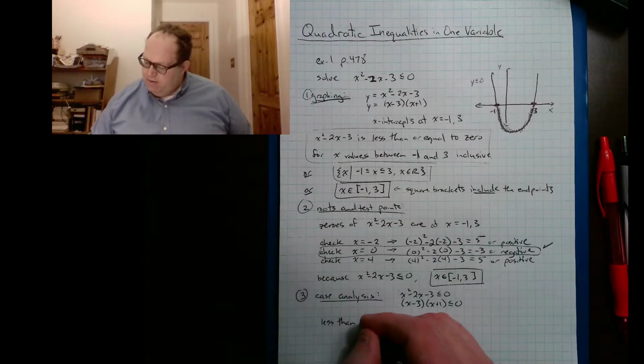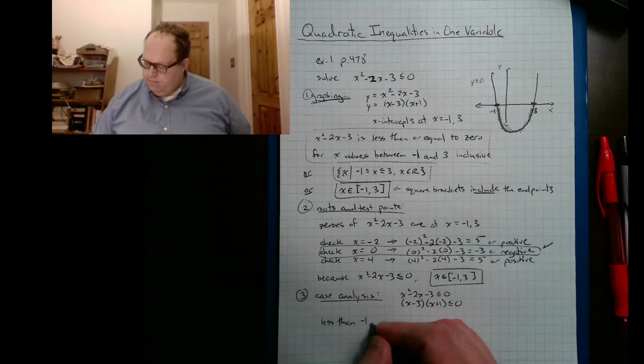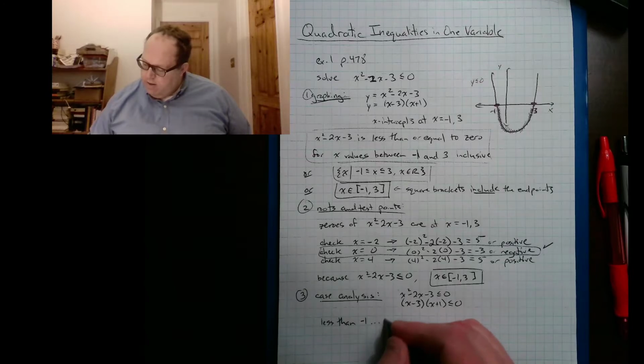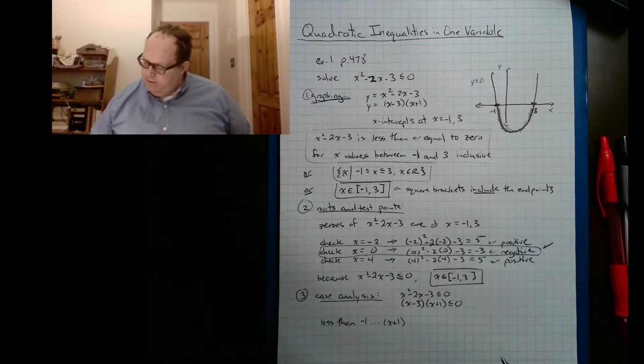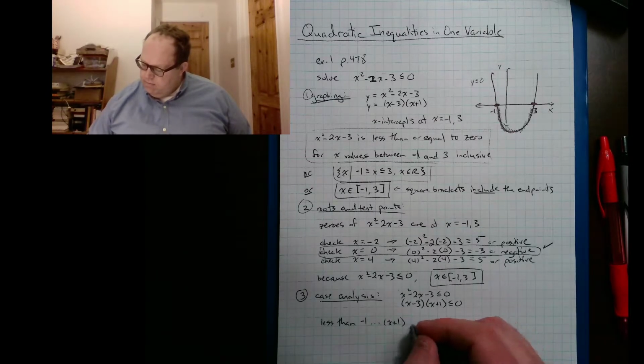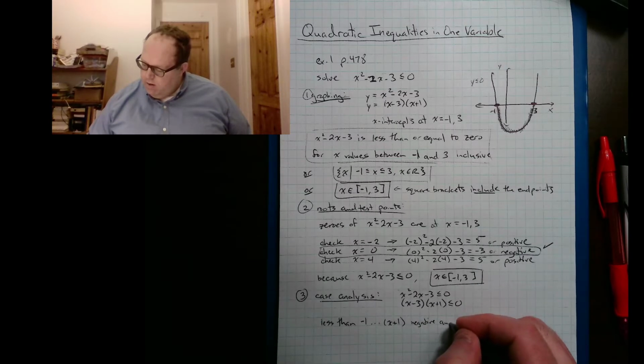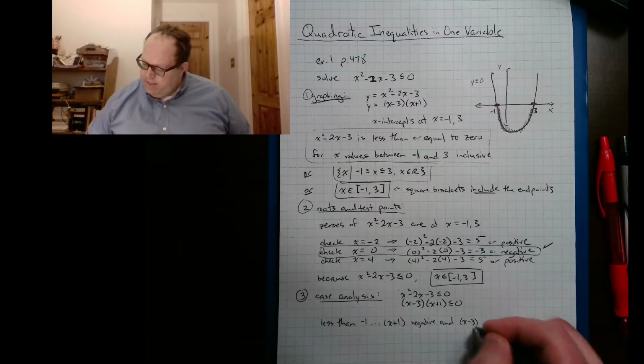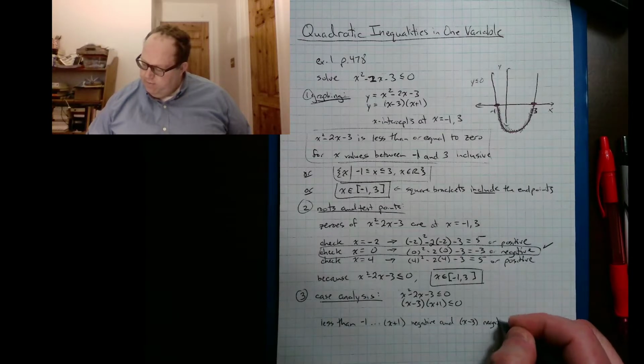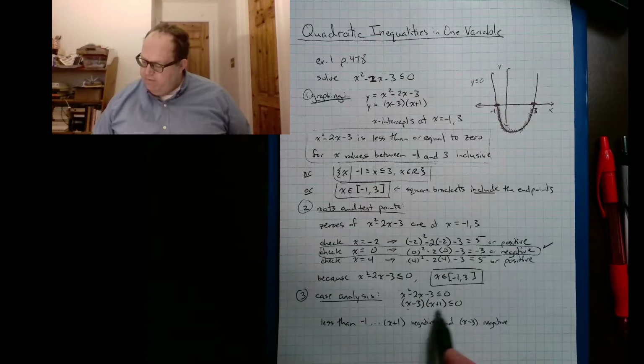Less than negative 1. That would make x plus 1 negative, and x minus 3 negative, and a negative times a negative is positive.